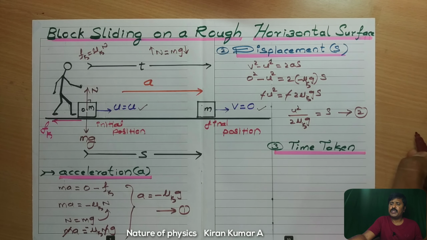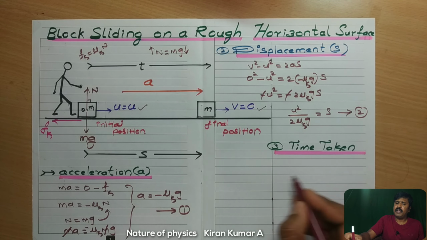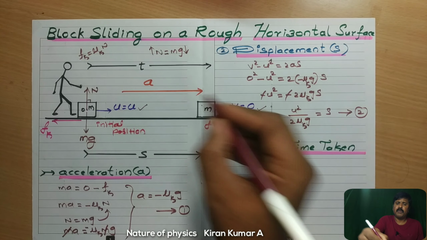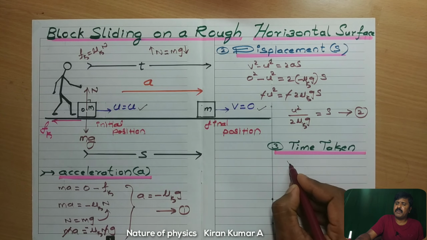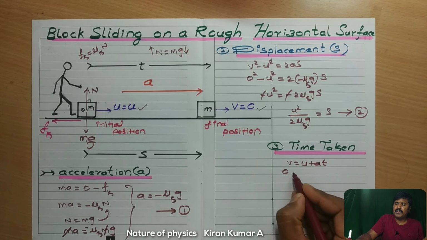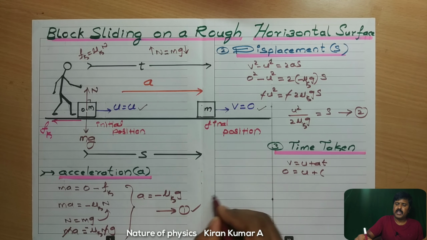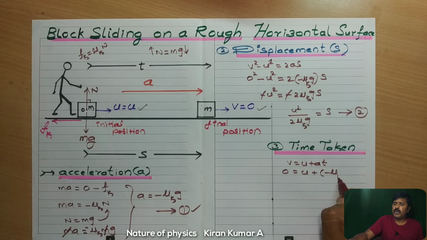Next, third, we are going to find the time taken, from the initial position to the final position, which is t. The best equation is v equals u plus at. The final velocity is 0, the initial velocity is u, and the value of a from the first equation is minus mu k into g, and the time is t.